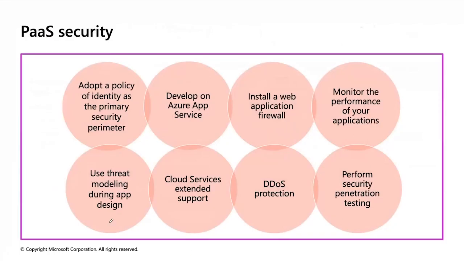You can use threat modeling using OWASP or STRIDE threat modeling components to enable security during the design of the application. We have cloud service extended support, DDoS protection, and perform security pen testing wherever possible.